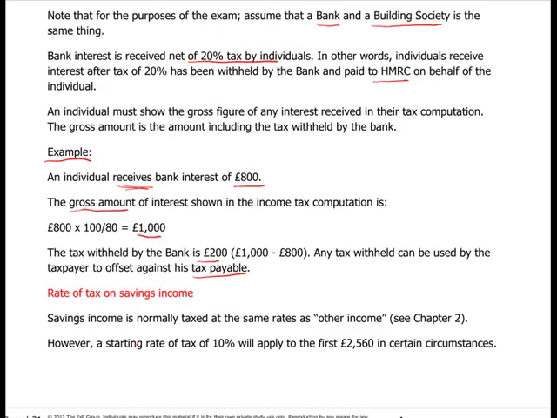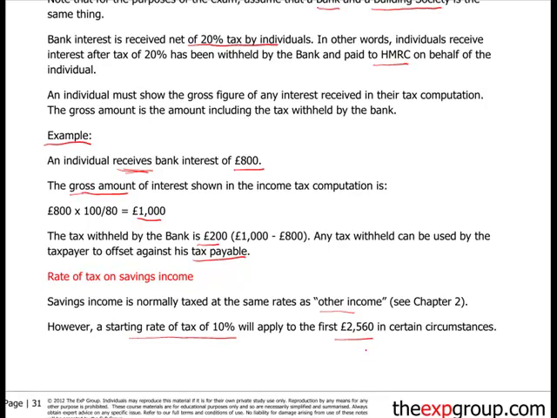Okay, rate of tax on savings income. Normally taxed the same as other income, in other words it gets added to your income. However, there is a starting rate of 10% on the first 2,560. We did talk about that in one of the earlier chapters when we talked about a personal allowance. Remember the personal allowance was 7,475.